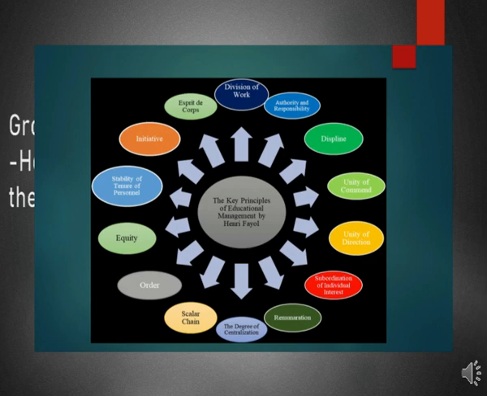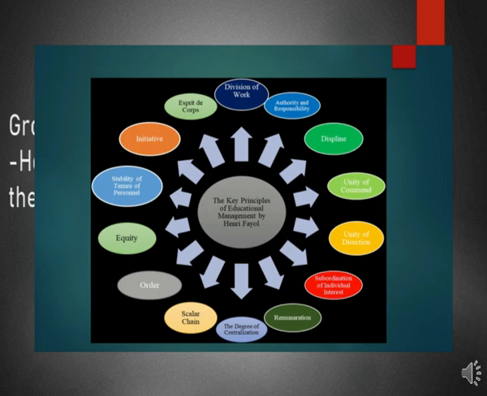Balancing centralized decision making from the top with letting employees make decisions. Scalar chain. Employees should know where they stand in the organization's hierarchy and who to speak to within a chain of command. Order. Fayol wrote that the right man in the right place forms an effective social order. Equity. Managers should be fair to all employees.